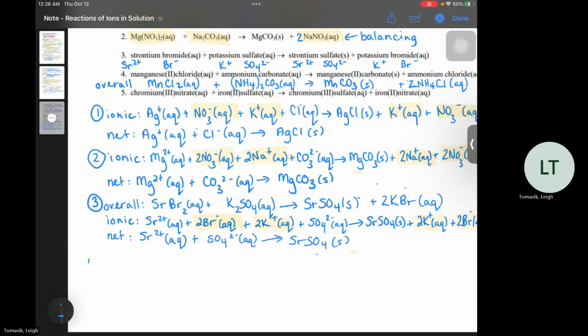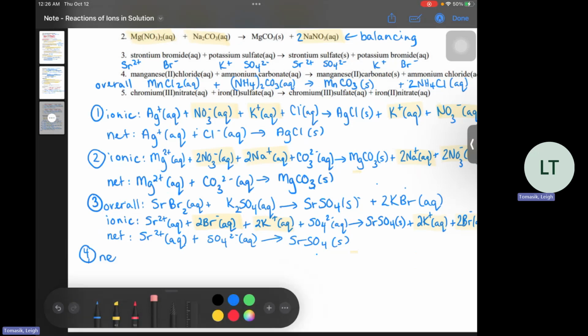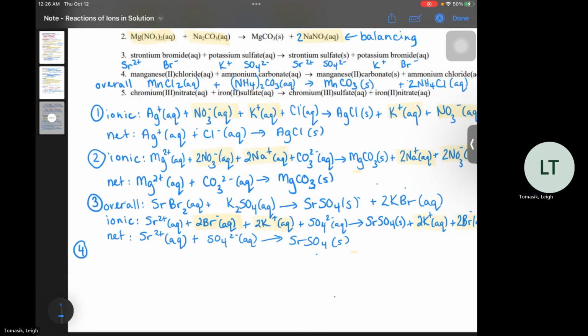Okay, for 4, the total ionic equation is going to be Mn2+ aqueous plus 2Cl- aqueous plus 2NH4+ aqueous plus CO3 2- aqueous.